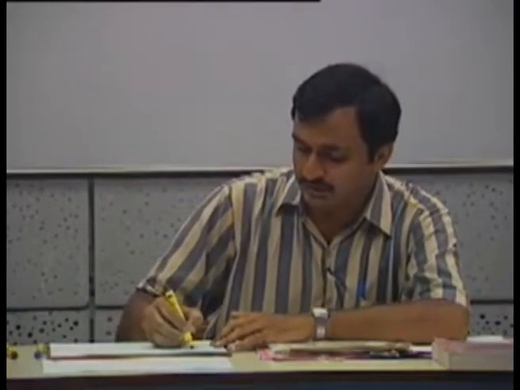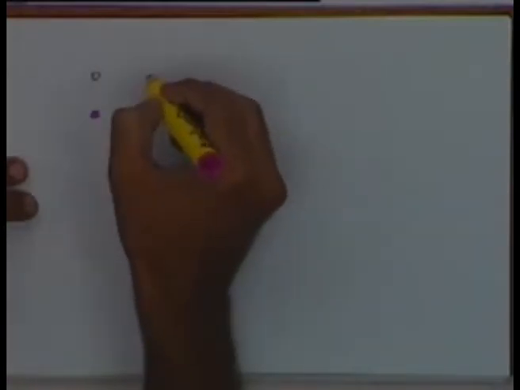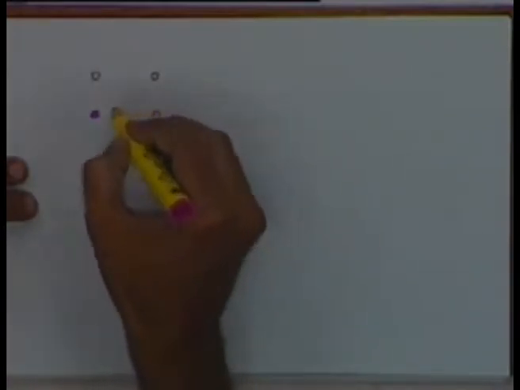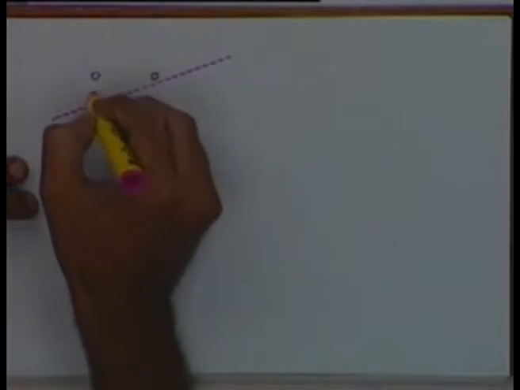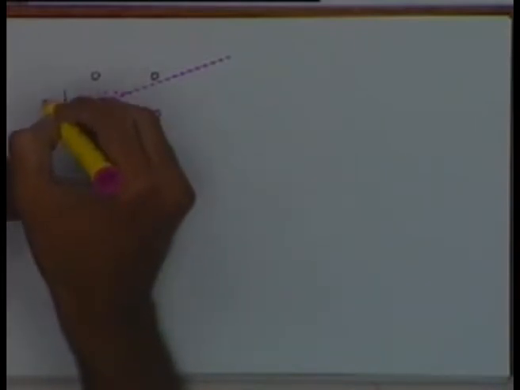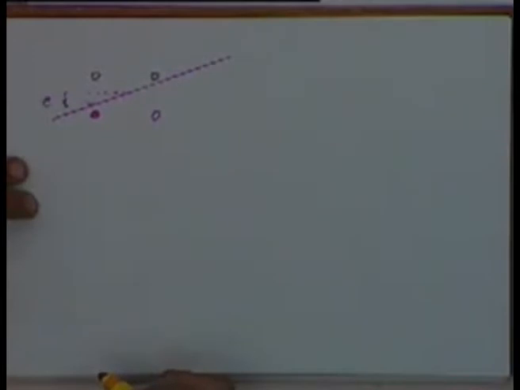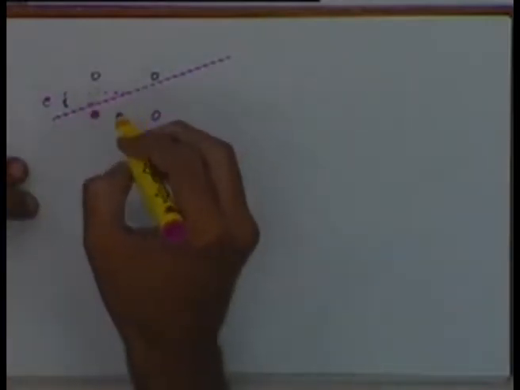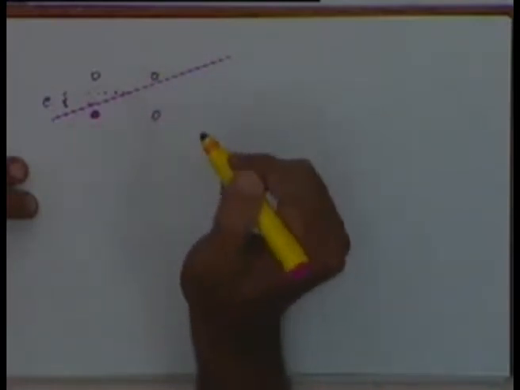Now we have a scenario in which this particular pixel has already been displayed. The error here is this amount E. Now I have to decide whether the next pixel should be this one or this one.